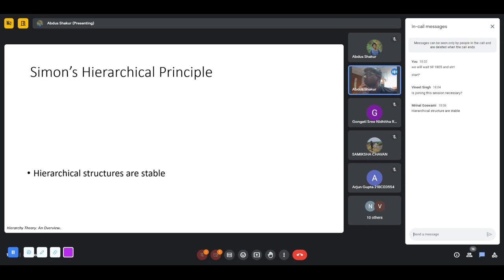If you have watched the video, this concept of the hierarchical principle is explained with the help of the two watchmakers example, where structures that have this hierarchical nature tend to have much more stability across the levels.